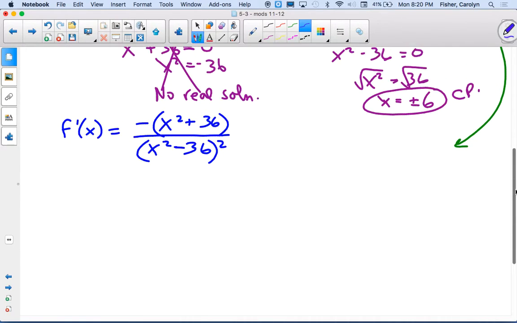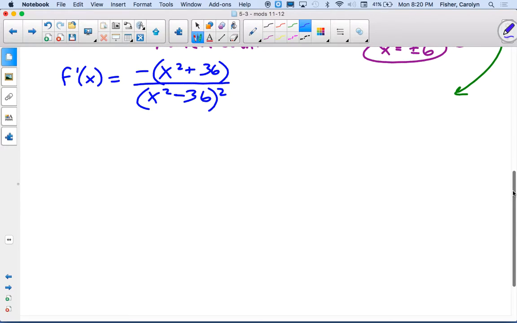Quotient rule again. Here we come. Come on, Smartboard. Okay, so second derivative.